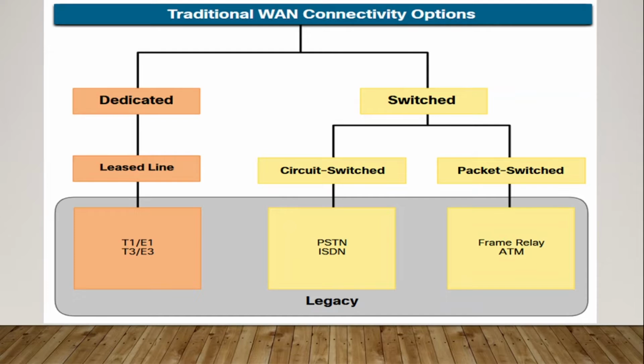It can be a circuit switch like PSTN or ISDN, where this is a legacy circuit switch connection. This is the oldest technology. Or an ISDN or packet switch like Frame Relay and ATM connections. These are the traditional WAN connectivity options.